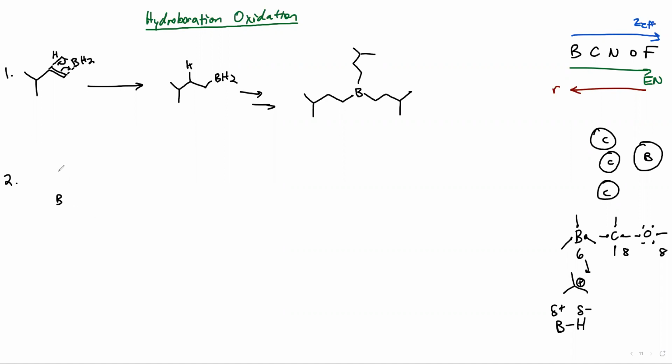But the second part of this mechanism actually begins with the reagent HOOH, or peroxide. We kind of talked about peroxide. Peroxide is a little interesting because of this O-O sigma bond. We've never really seen 2 heteroatoms bonded like that before.